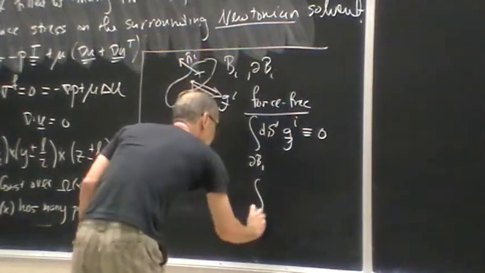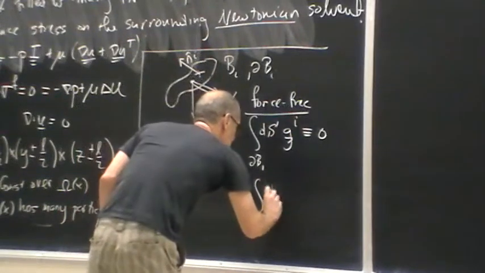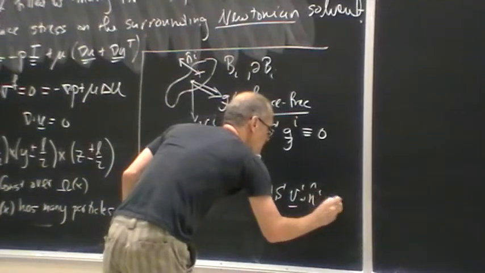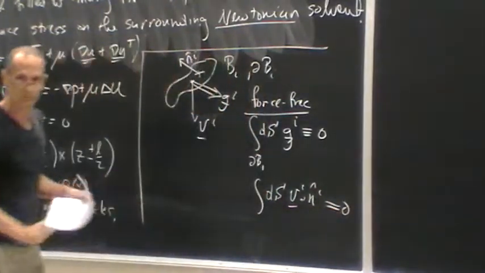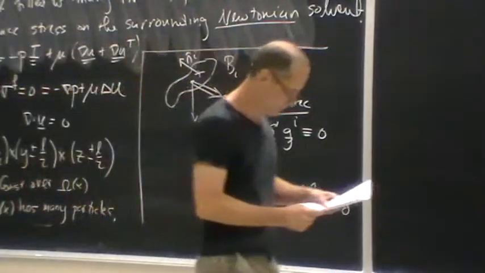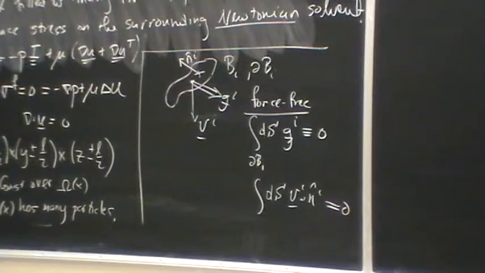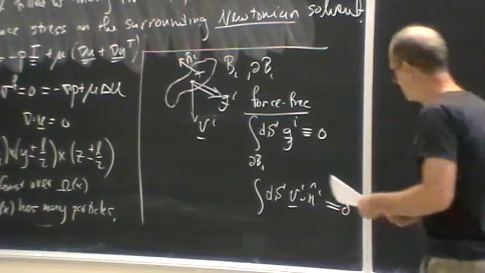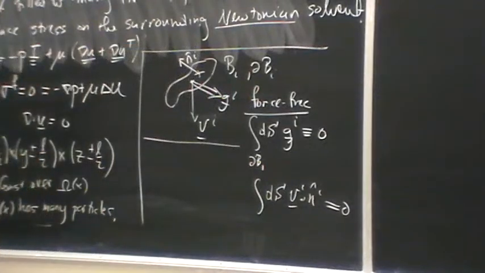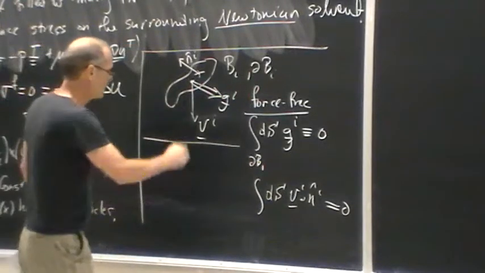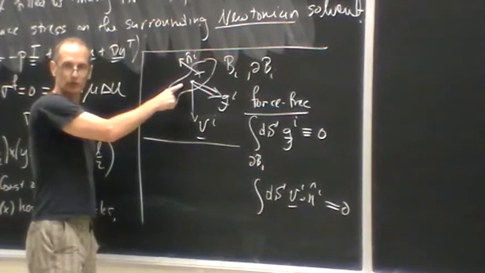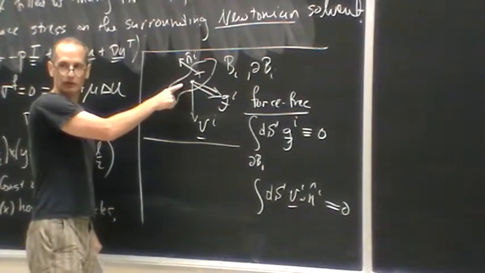We'll also assume there's no net flux of mass. So the surface integral of v sub I dot n sub I dS is 0. Okay, it's going to be no net flux. Could be impermeable. And now to make the calculations easy, and that's because it's the only way I know how to do it right now, this is the way Batchelor does it, we're going to assume that the interior mechanics of the body is also associated with a stress tensor that has zero divergence.